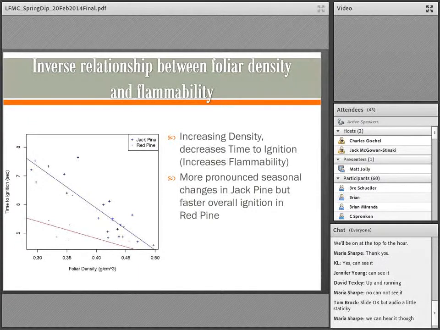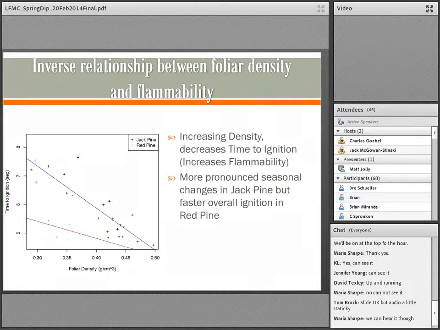And if we look at the relationship between foliar density and flammability, we see something that's kind of interesting, because in traditional combustion theory, as the density of something increases, its time to ignition should increase. But what we found is exactly the opposite: as the foliar density increases, the time to ignition decreases.